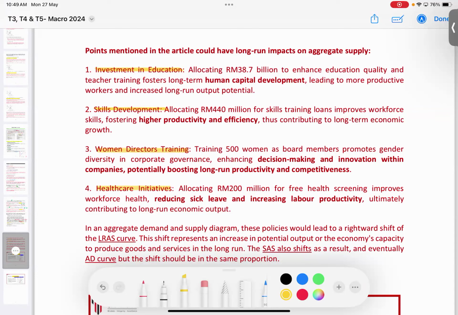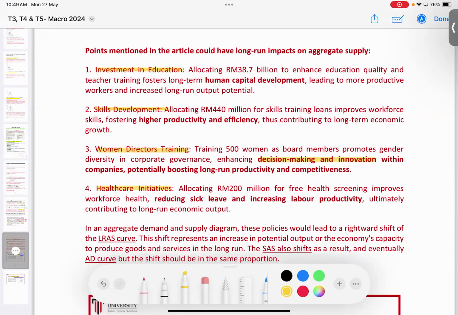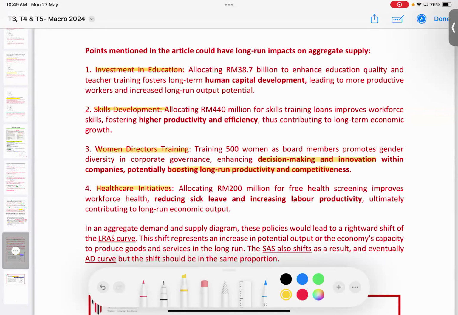So you see how they explain, how they elaborate. Like for example, the women director training, they talk about how this can enhance their decision making and innovations, boosting the long run economic growth. Okay, and you can also talk about this is an interventionist approach.